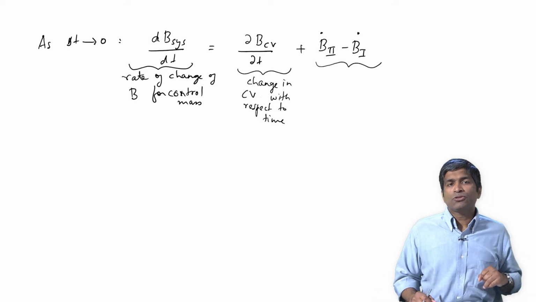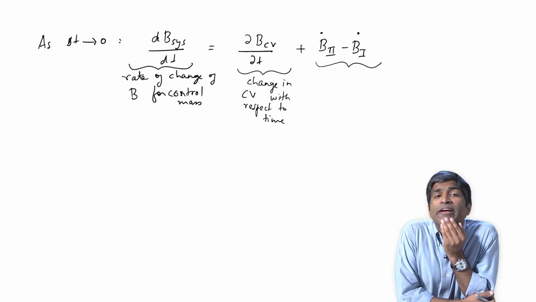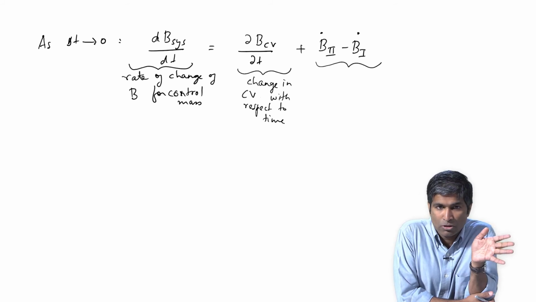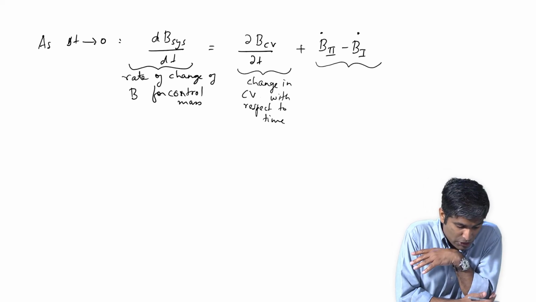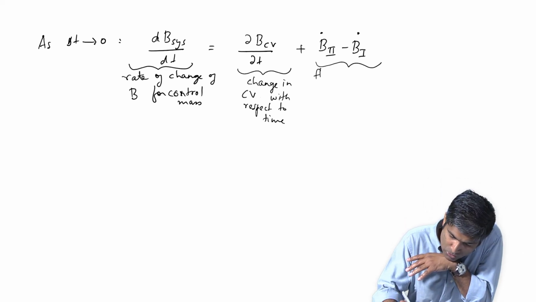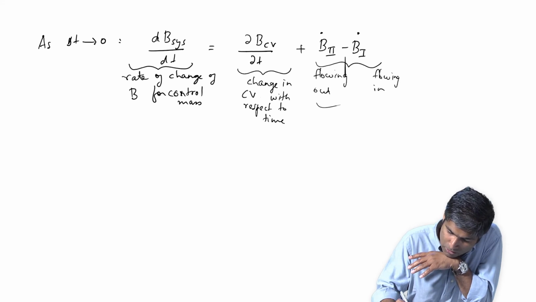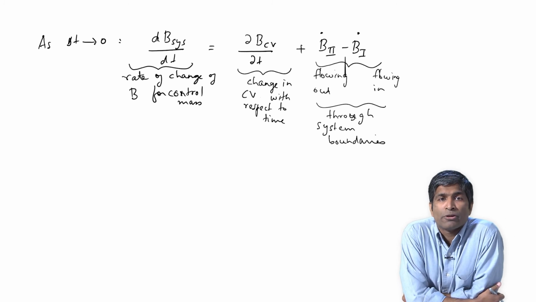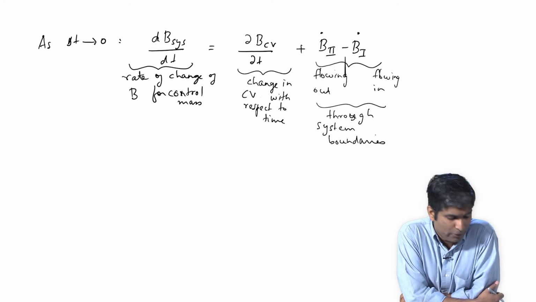And these two terms are essentially the rate at which stuff coming out is changing and the rate at which stuff entering the system on the entry portion is changing. So this, you could say, is the rate of B flowing out, and this is the rate of B flowing in through system boundaries. So that's a simplified form of the Reynolds transport theorem, and we'll be using this fairly often.